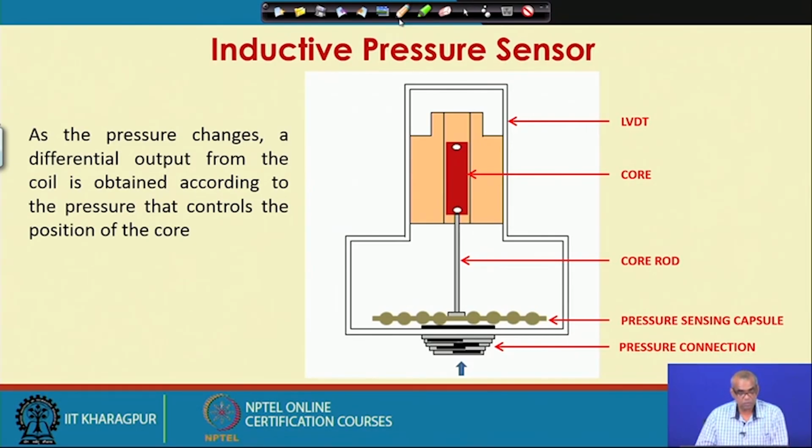So, it receives pressure as input signal and gives us an electrical signal as output. The pressure sensing element is called capsule. A capsule is formed from several diaphragms.